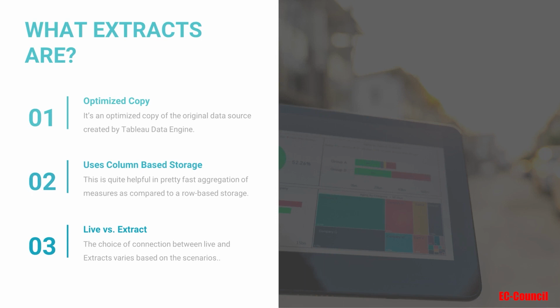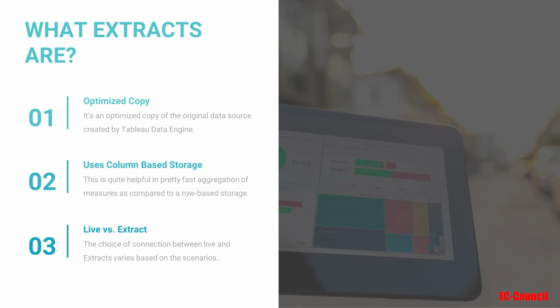In brief, extracts are much faster than a live connection if your data source infrastructure is not that sound. For example, if you are connected to a flat file such as an Excel or a CSV, or a non-optimized RDBMS as well, but a well-optimized database with indexing might be as fast as the Tableau data engine.